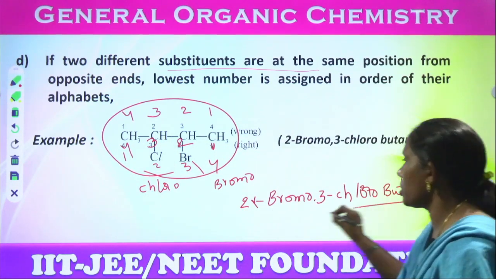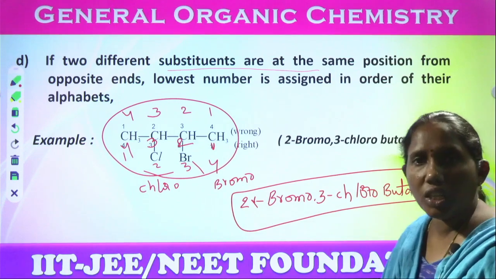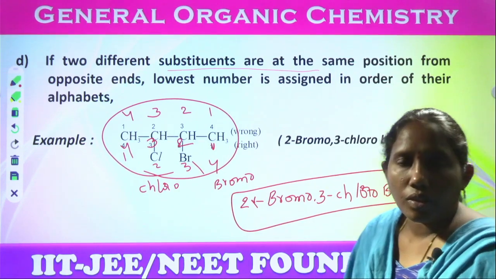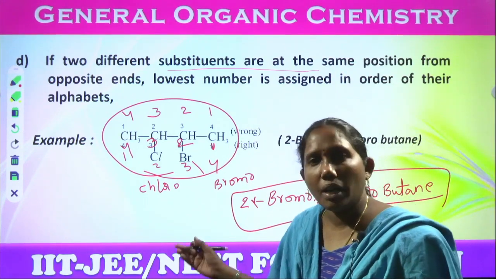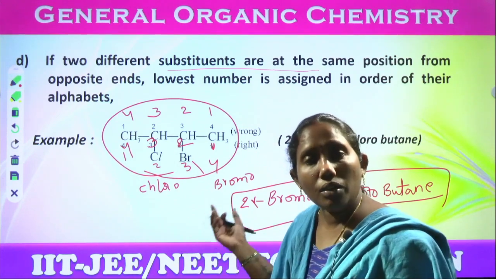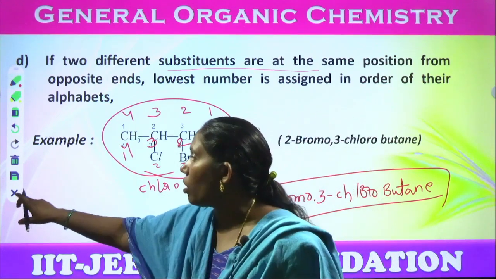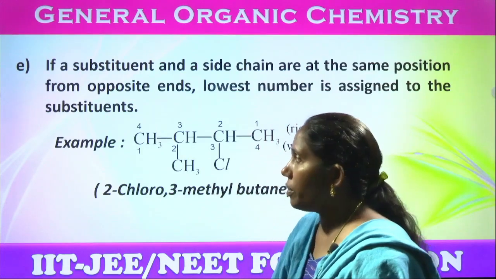So the name of this compound is 2-bromo 3-chlorobutane. If any same are present, then we have to give the numbering by alphabetical order. According to that we have to give the numbering.